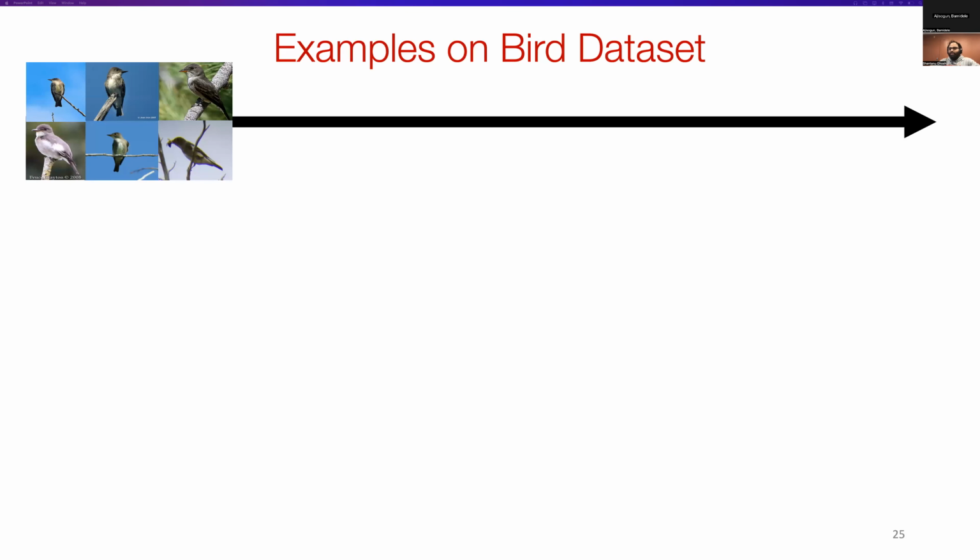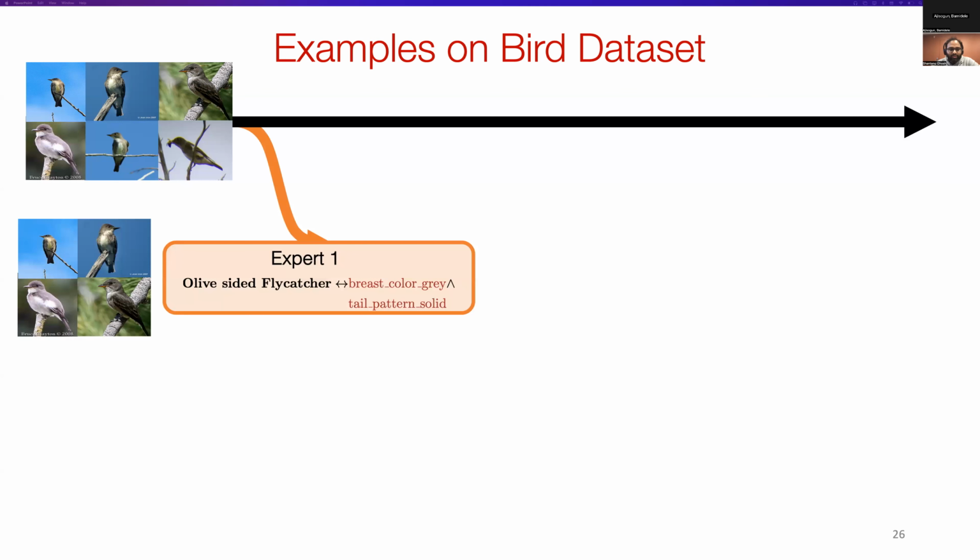Now let's see one example on the CUB dataset, which is a bird dataset. And here the concepts are like color, chest, wing, or shape of beak. Now at test time, say these 6 examples came into our model. The first expert covers these 4 samples and uses breast color gray and tail pattern solid as the identifying concepts to classify them as the olive-sided flycatcher.